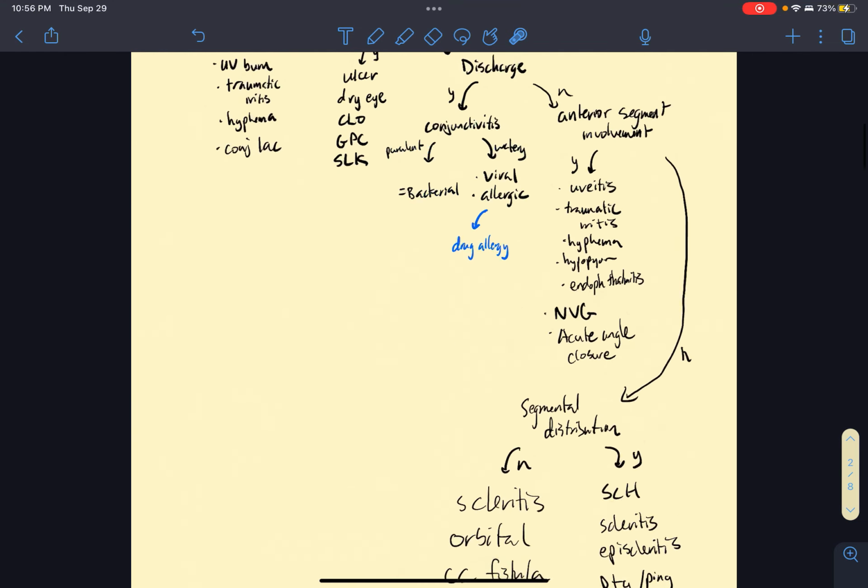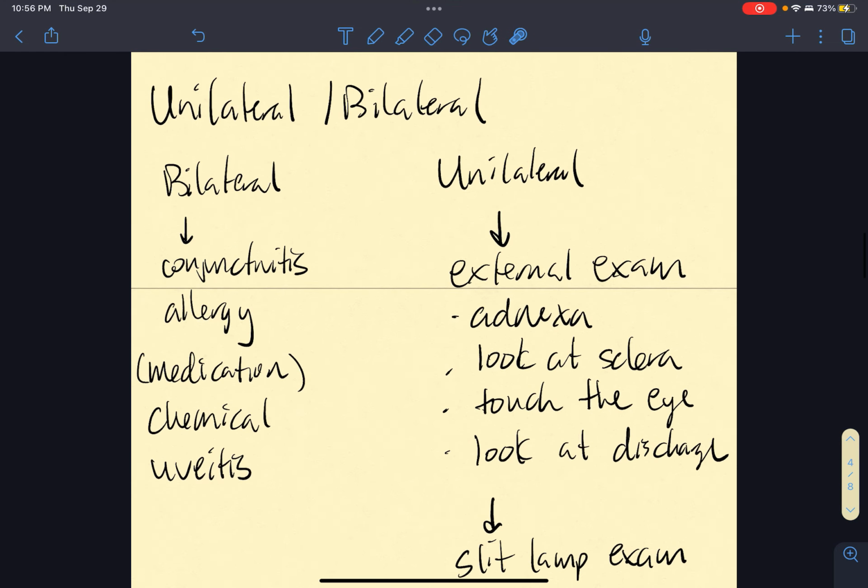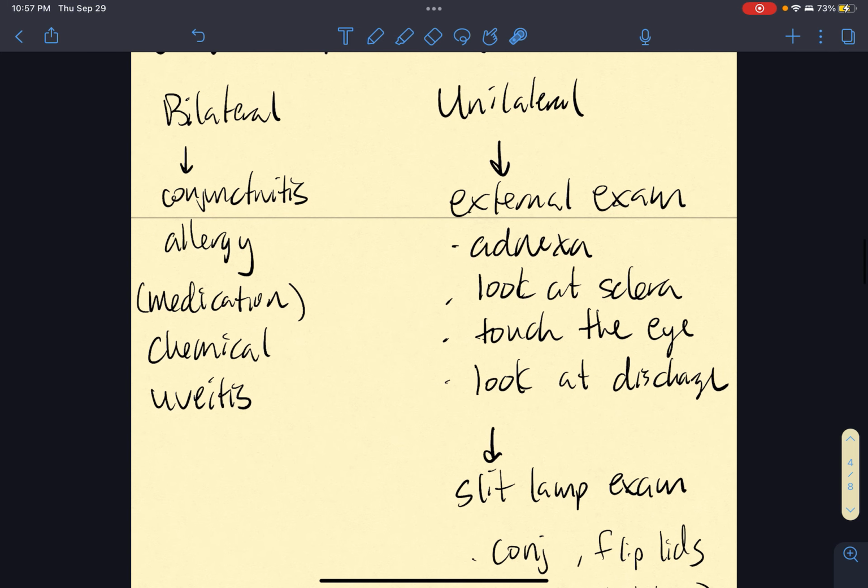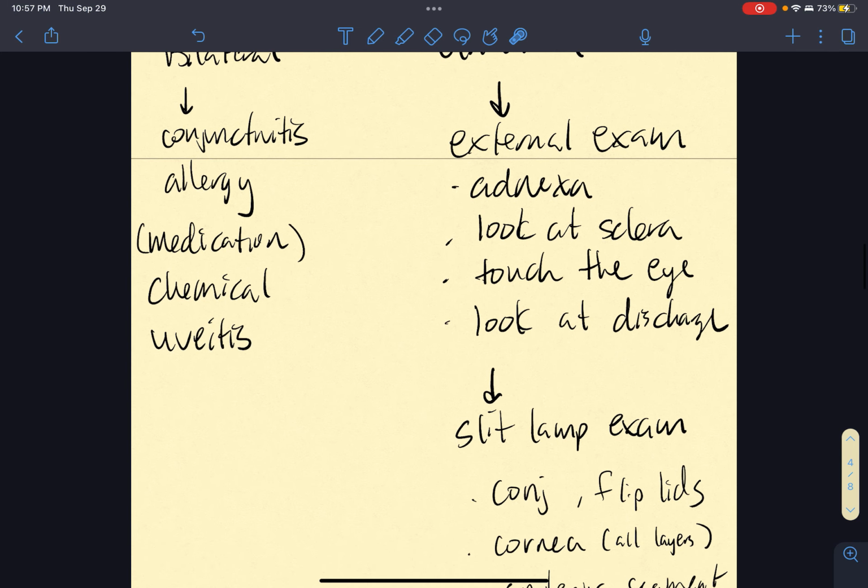One quick way to break it down is unilateral versus bilateral. Bilateral causes include viral conjunctivitis, allergy, and medication. Those causes are a little bit less common, but if it's unilateral, anything is fair game. You do an external exam first at the side of the bed. Look at their sclera without the slit lamp.